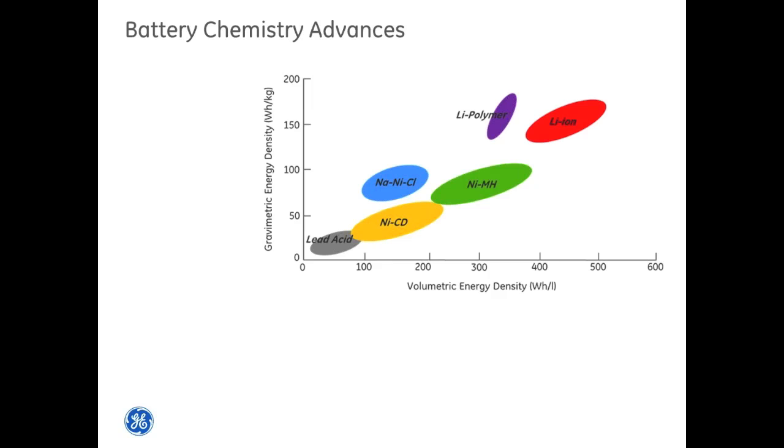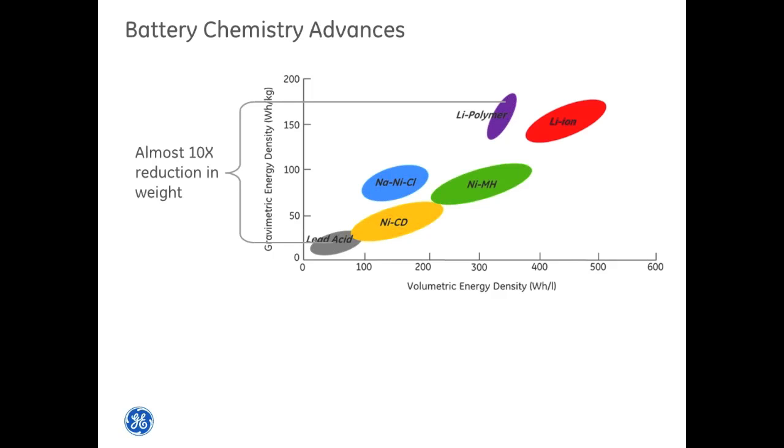Battery chemistry advances. We're looking at different technologies here from the standpoint of the vertical axis, which is the weight density, and the horizontal axis is the space density, the volumetric energy density. And you can see that lead acid scores pretty low on both those scales.